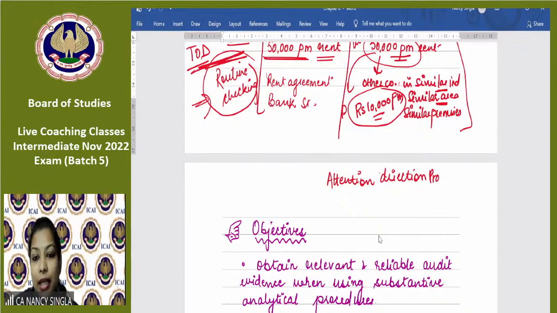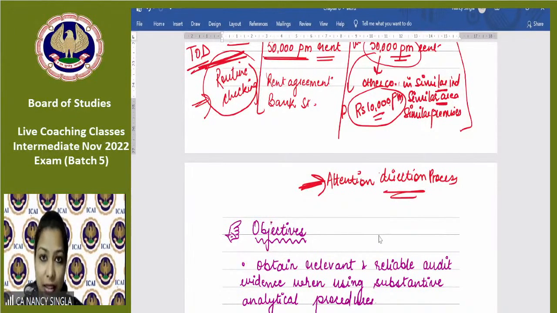The auditor will get an idea that something fishy is there. 50,000 and 10,000, there is a difference. Attention directing process. After the auditor analyzes that 50,000 or 10,000, there is an identified fluctuation, he will work on that. He will investigate on that matter.